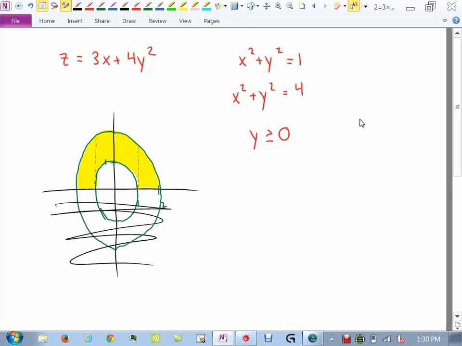Pi. And my radius is stuck between where? 1 and 2. So everything in that yellow, my radius is between 1 and 2, and my angle is between 0 and pi. Yes? So what I note here is that for this, R is equal to the set of all points (r, theta) such that theta is between 0 and pi and r is between 1 and 2.